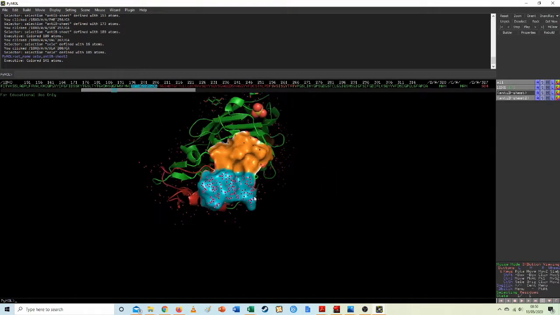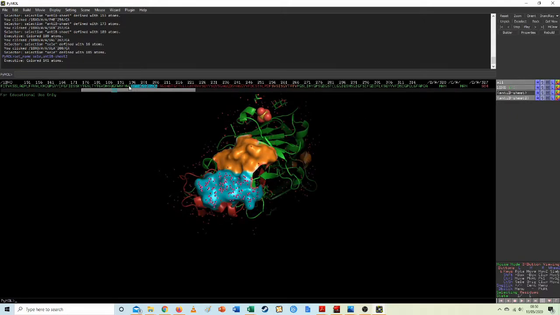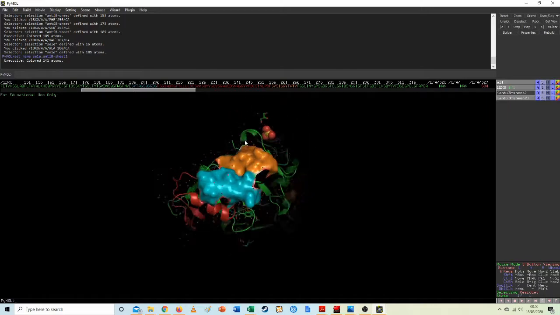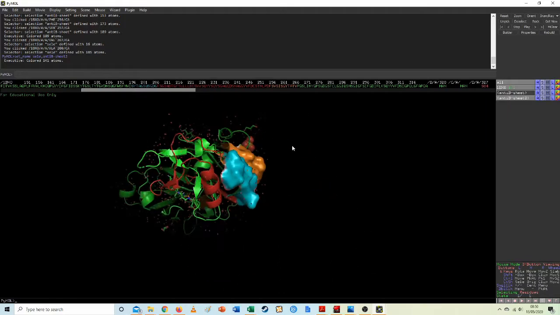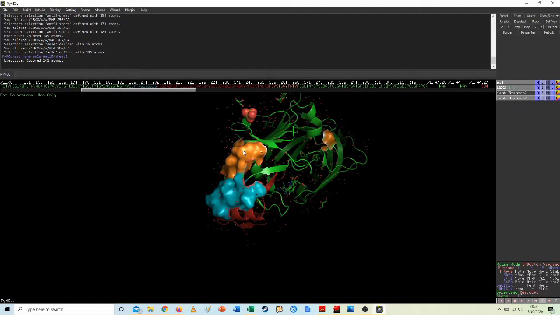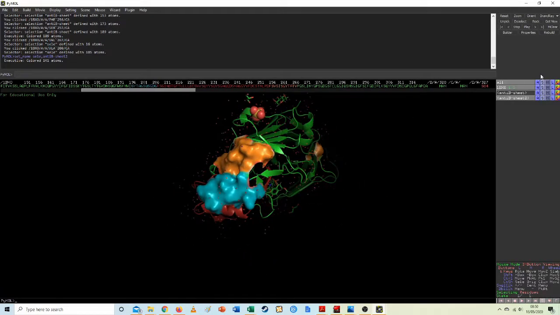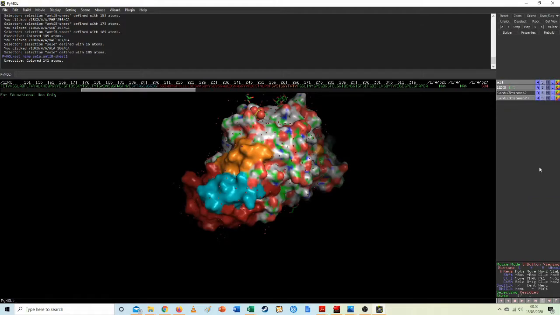But if you note at the moment that the surface for these beta pleated sheets is not perfectly flat, but it is relatively flat. And what I want to do is show the surface of all.